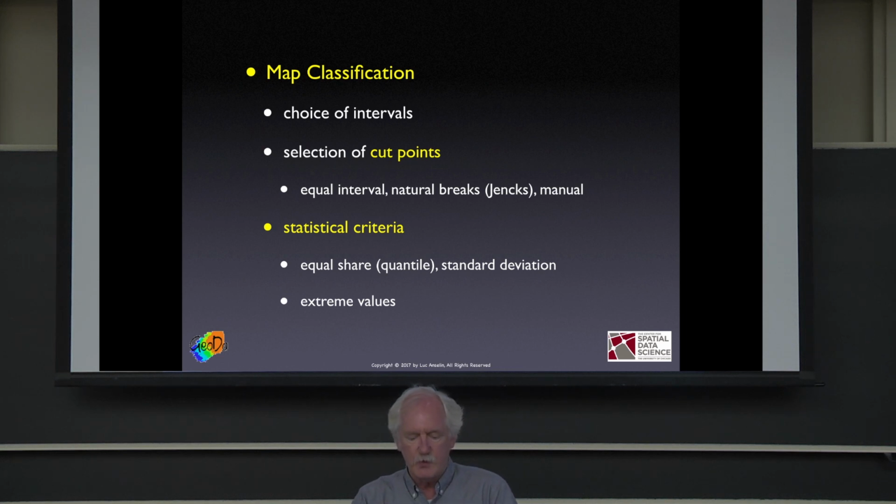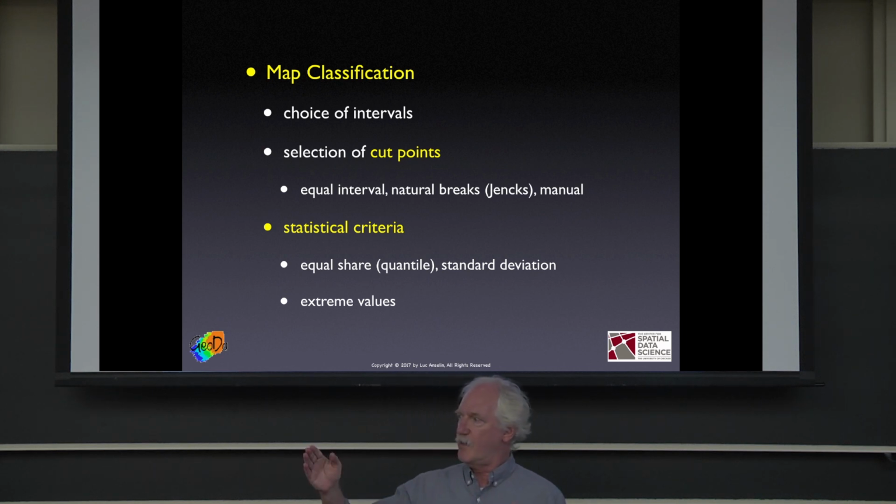And then we can use statistical criteria, where we use the statistical description of the distribution of the values to inspire the categories that we use. And we've already seen the example of a quantile map. So quartile is a common example.